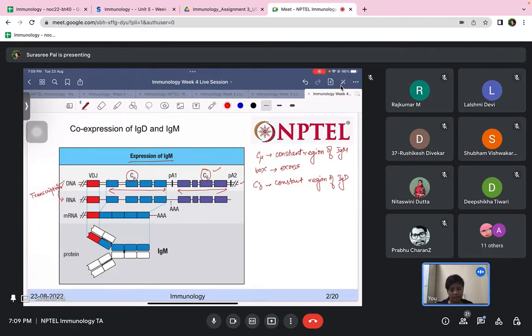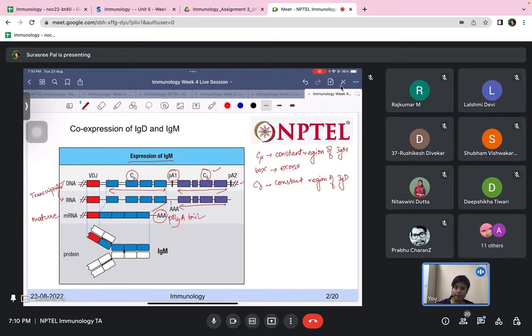Here you can see this is one polyadenylation signal. After these C mu genes, the mRNA is cleaved and a poly A tail is added. So this final mature mRNA does not contain the C delta sequences, right?